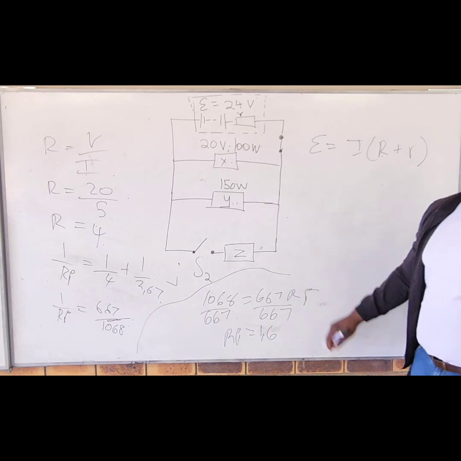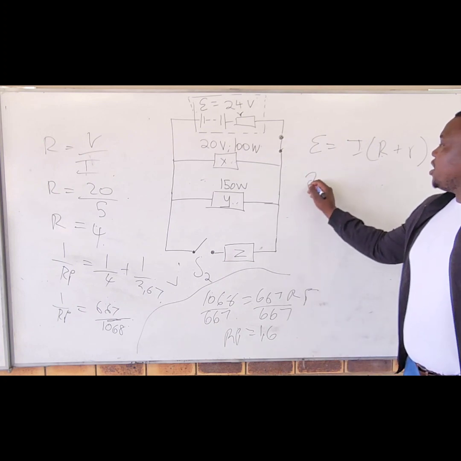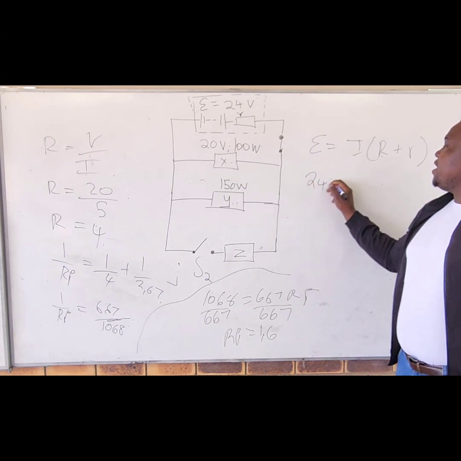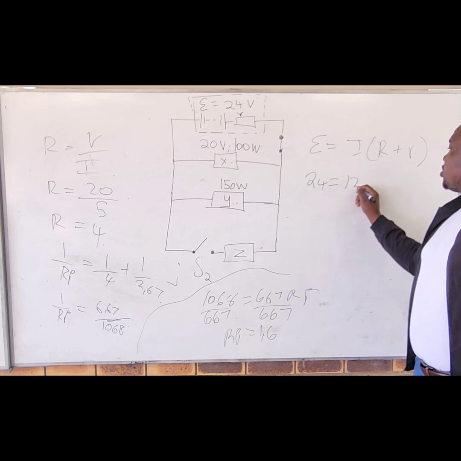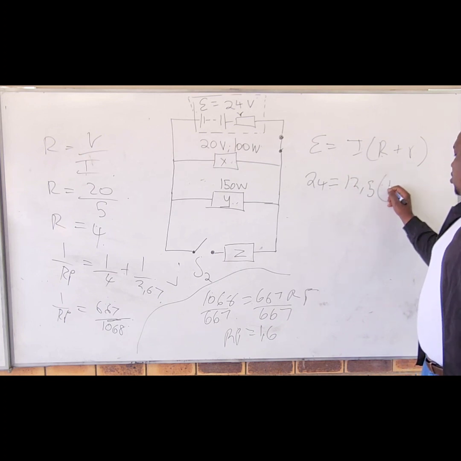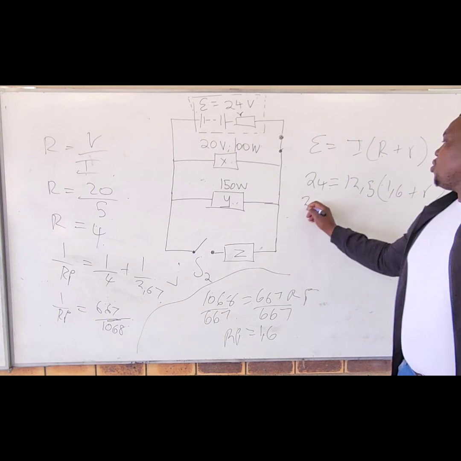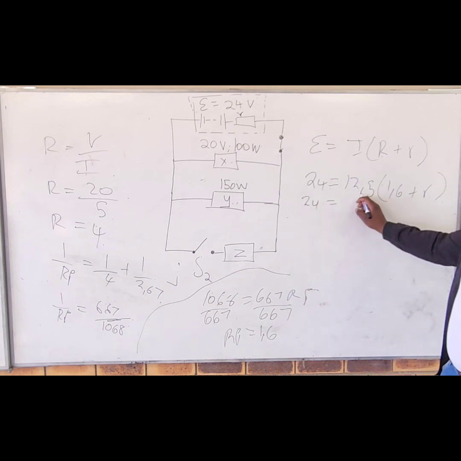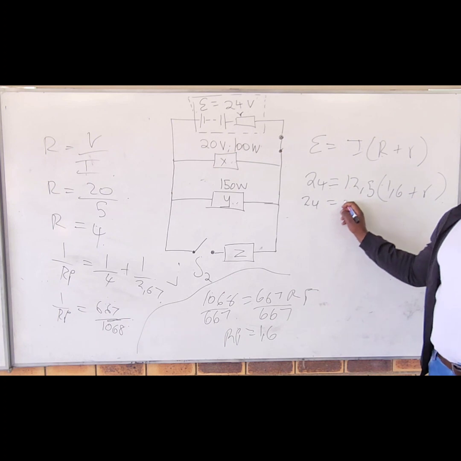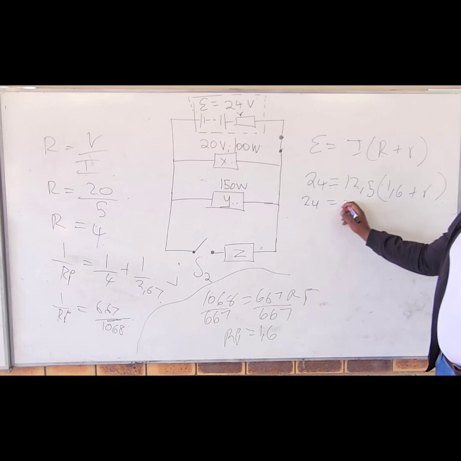Yeah. So it means we're going to have 24, which is the EMF, right? Yeah. Which is equal to total current, which is 12,5. Then we will have 1,6 plus R. We're good, right? Yeah. Then we're going to have 24 is equal to 12,5 multiplied by 1,6, which will give us 20.